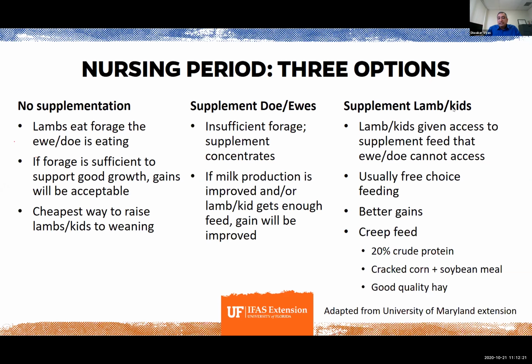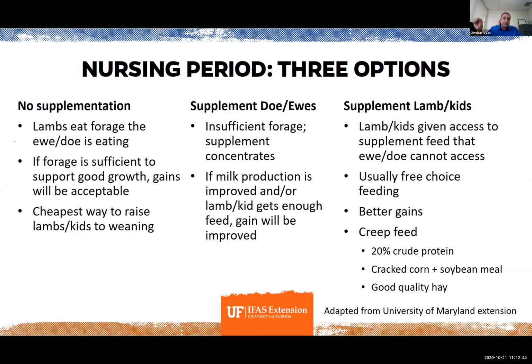Supplement kids or lambs, and this is creep feeding, where newborns are given access to supplement feed that moms cannot access. This is free choice feeding, mostly containing 20% crude protein, with cracked corn and soybean meal that provide energy and protein.